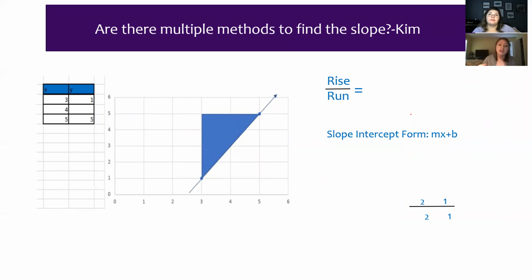We have our little right triangle, and it goes up 1, 2, 3, 4 times. We label that as our rise. So 4 would be the rise on top, and the run would be 2. Sorry. So we'd have 4 over 2, and then you just do math from there. 4 divided by 2 equals 2, so we have a slope of 2.